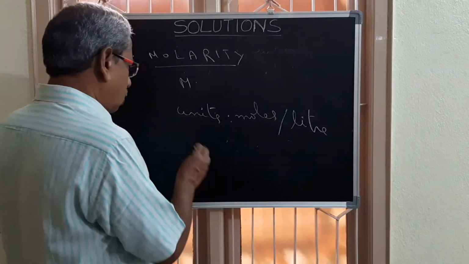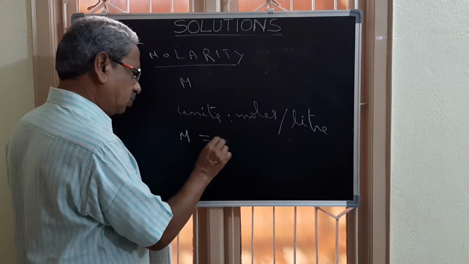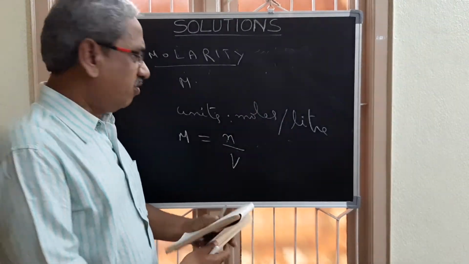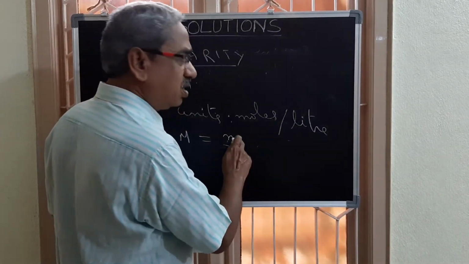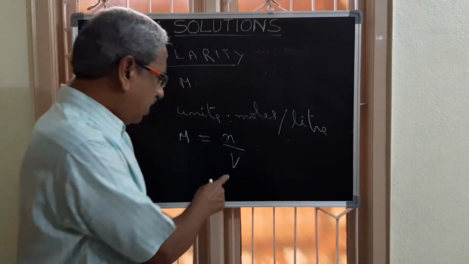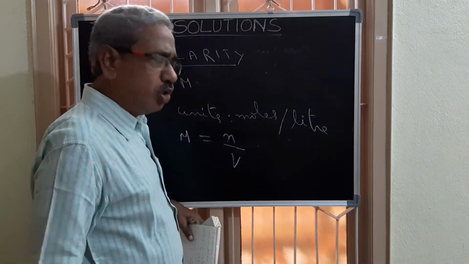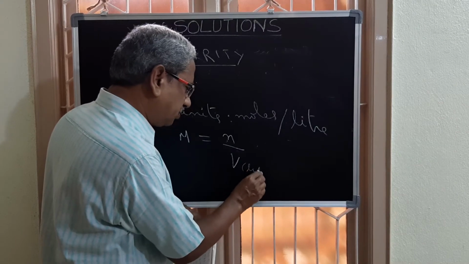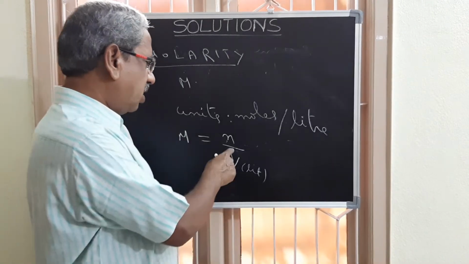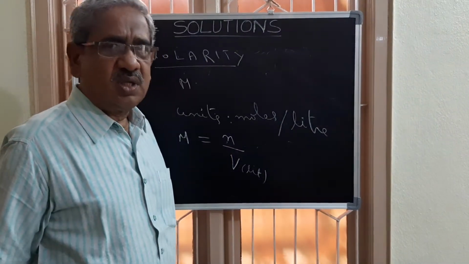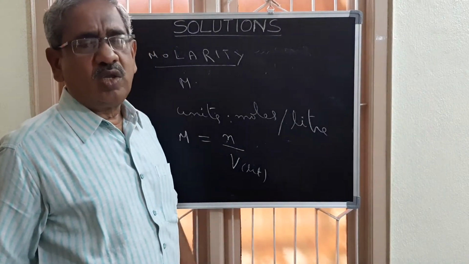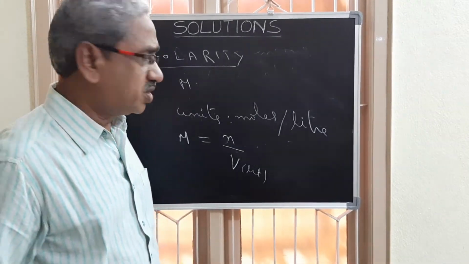M is equal to N by V, where N is number of moles of solute and V is volume of solution in liters.